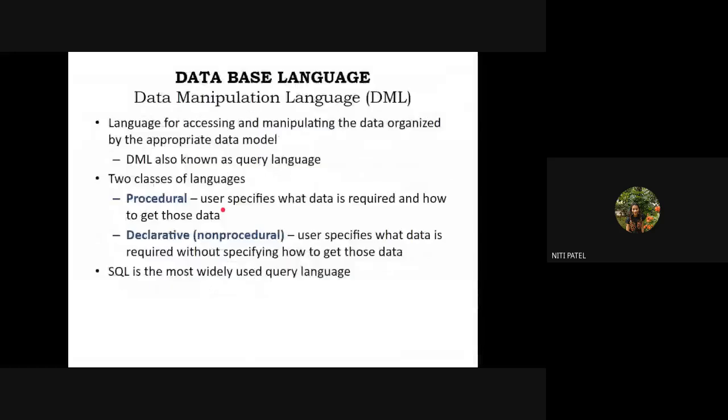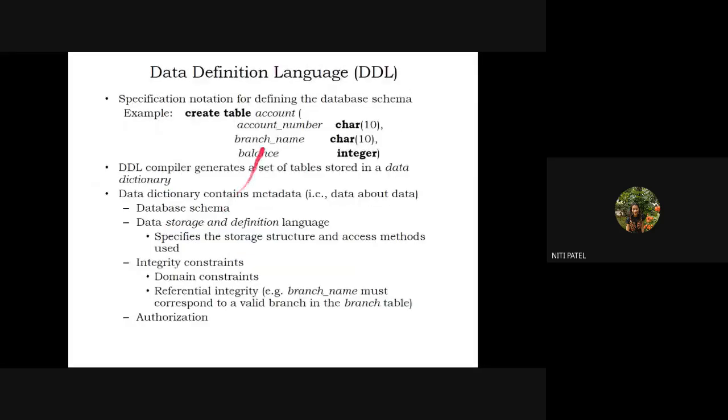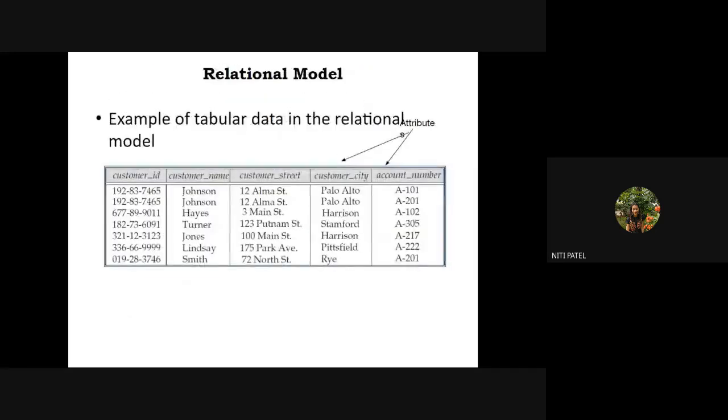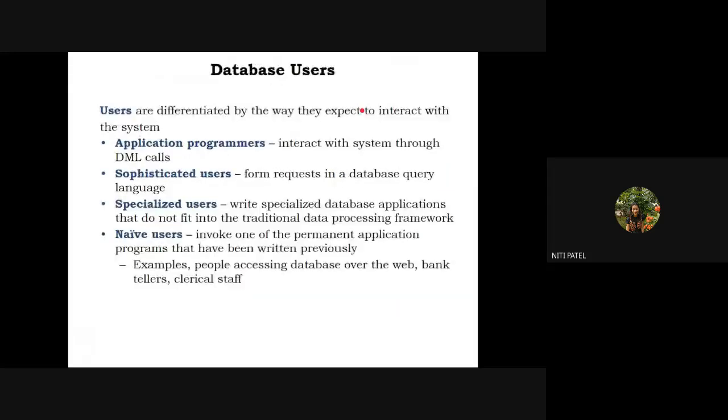Then we saw the different database languages: DDL, data definition language, by which we define the entire database structure. Then the DML language, data manipulation language, how we can change the data either by inserting or modifying.